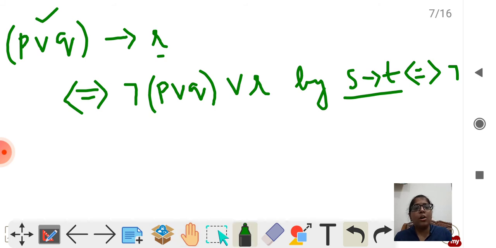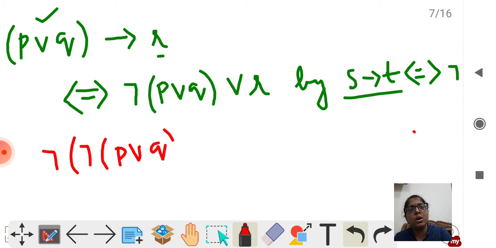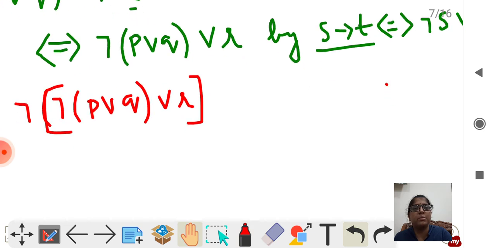Okay, so how will you negate the statement? Here we have the negation of negation P or Q, or R, and we have to find the negation of this statement. It is logically the same as, if you take the negation inside, it is nothing but De Morgan's law.